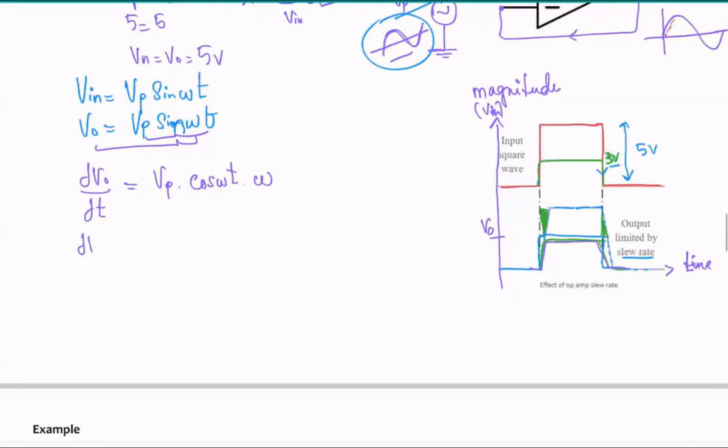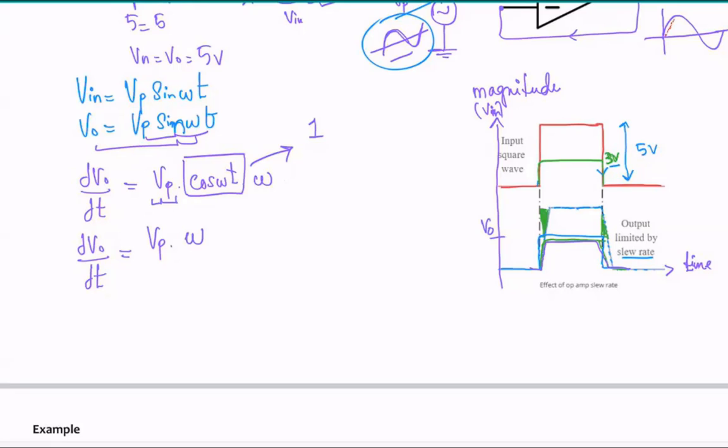And also remember one thing, our goal is to get to the peak value, right? We would get to the peak value when this cos omega t equals what? 1. So when that is 1, we get the peak value. So this is Vp times omega.